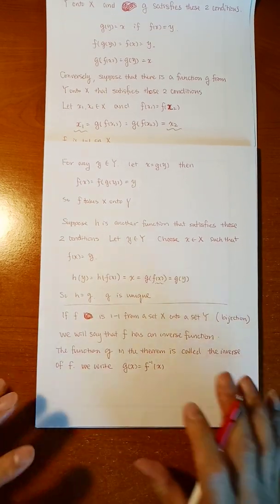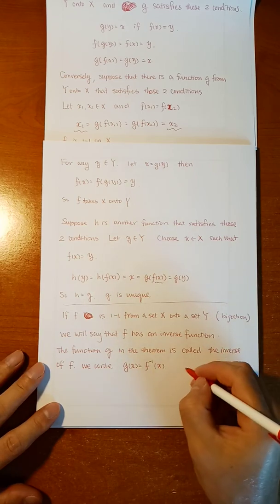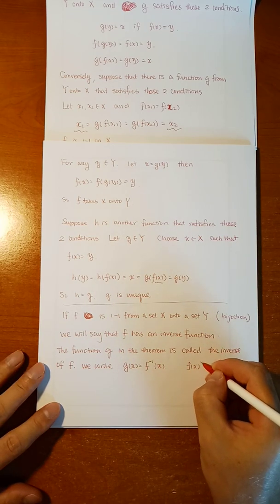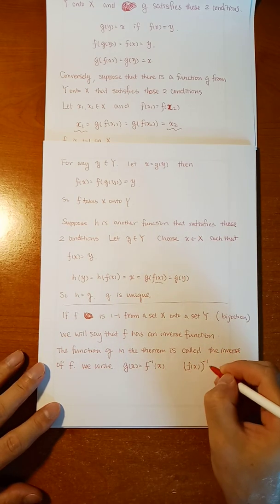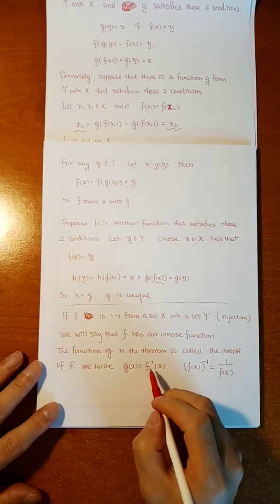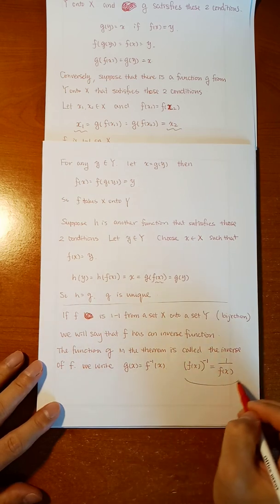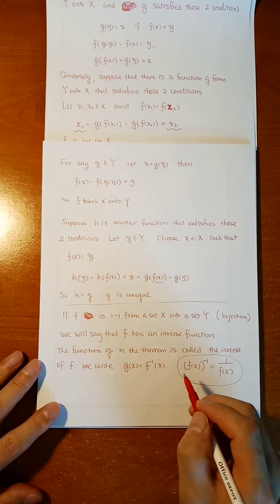Here there's a small writing issue. If you write (f(x)) to the negative 1 in parentheses, this means the reciprocal. If you write f negative 1 of x, this means inverse. So be careful about the difference of those two writings. They have different meanings.